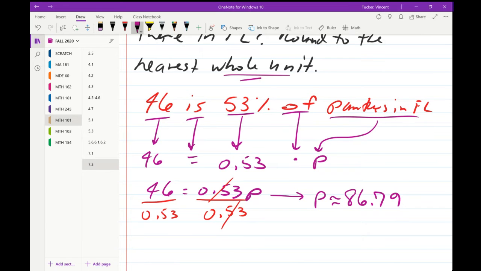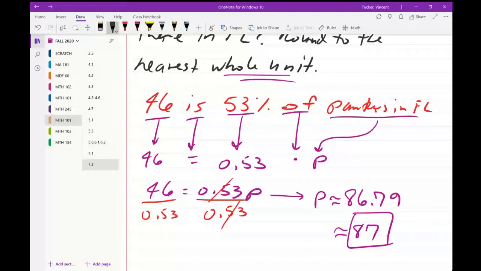But it says round to the nearest whole unit because you can't have 0.79 of a panther. So it would be 87. All right. Questions before we do another one?